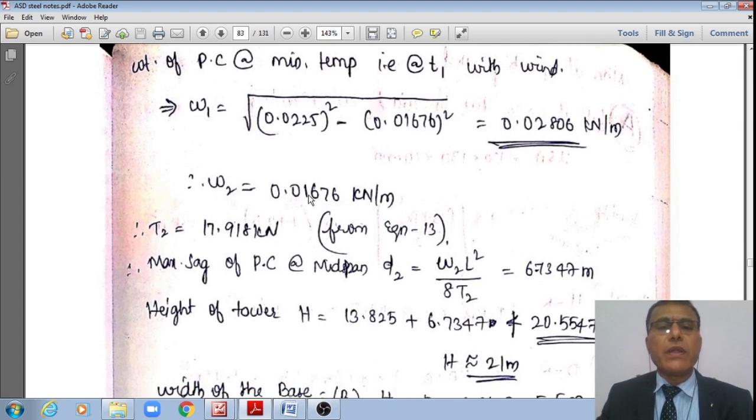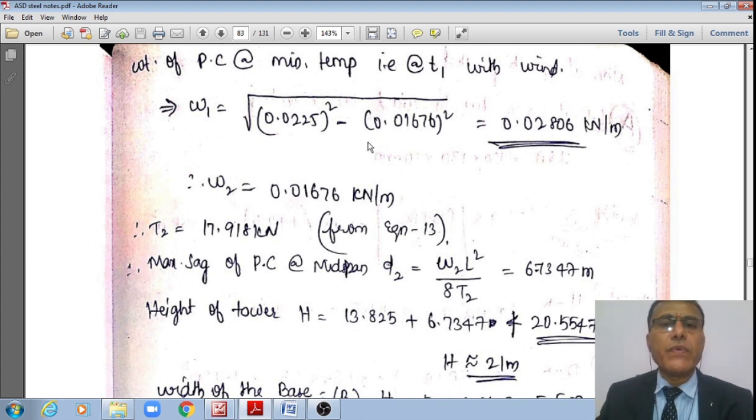However, when temperature is more, no wind should be considered, because when one particular load is more, either earthquake or wind, the other loads should not be considered. That is how now I'll say W2.